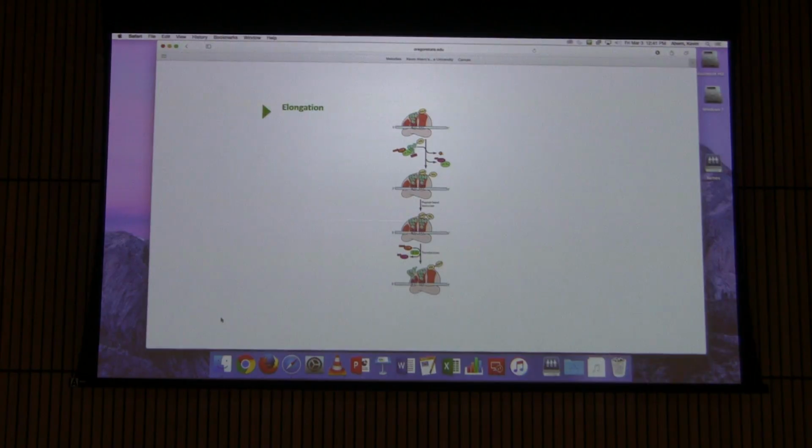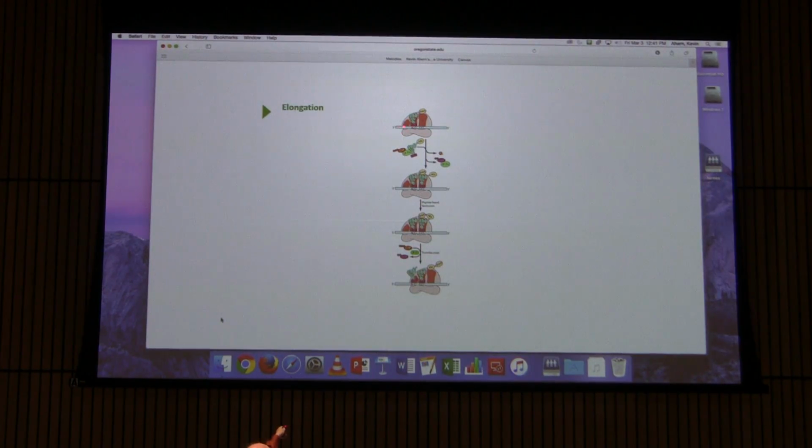Okay, so here's where we finished the last slide. We had this guy, which was the initiator tRNA, has given up its amino acid. By the way, when the peptide bond is formed, the peptide that's there appears on the second amino acid, right? So what's happened here is we have slid down one unit.